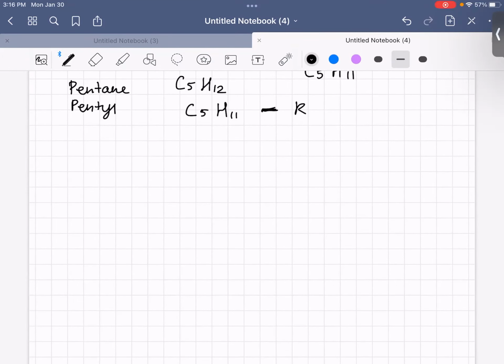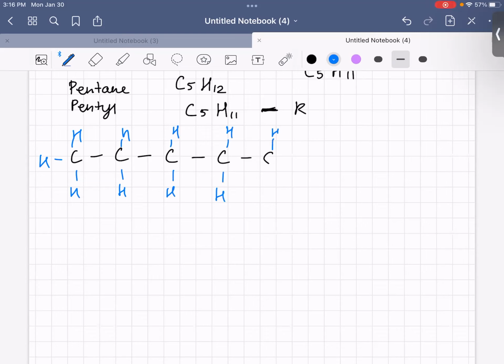So we're going to start with just the usual normal chain, pentyl, and basically you can add hydrogens here, 1, 2, 3, 4, 5, 6, 7, 8, 9, 10, 11, and this is going to be the rest of the molecule, right?